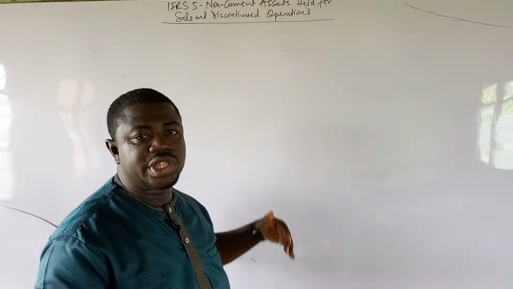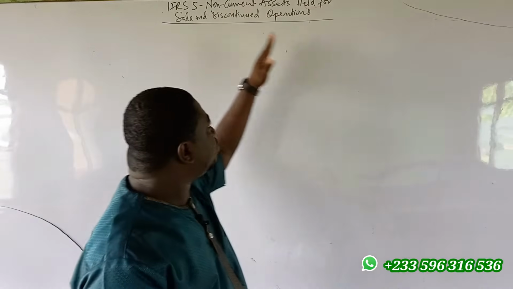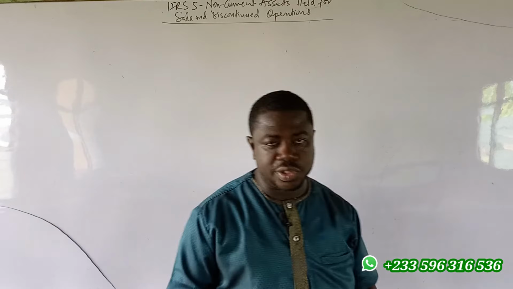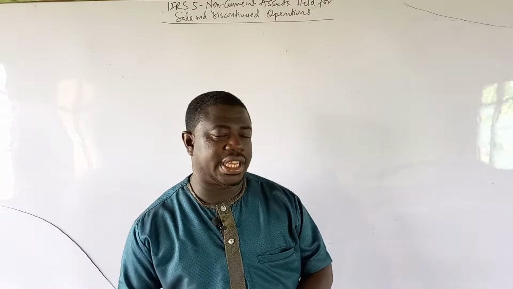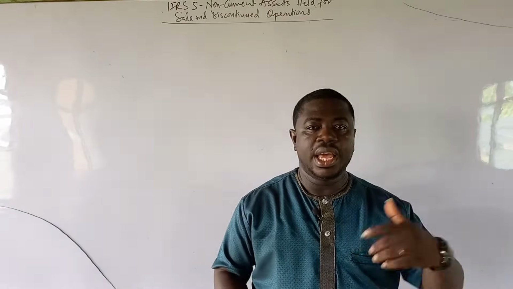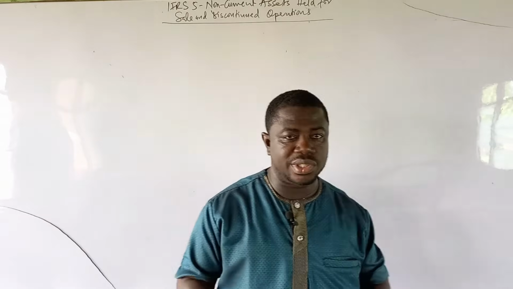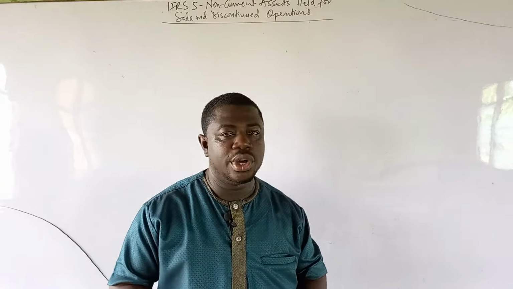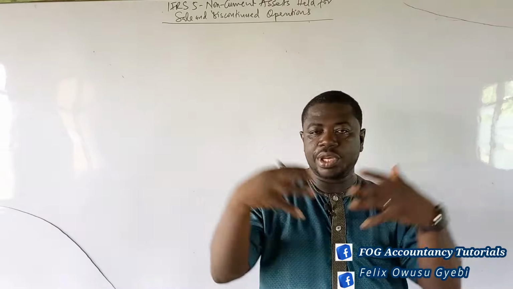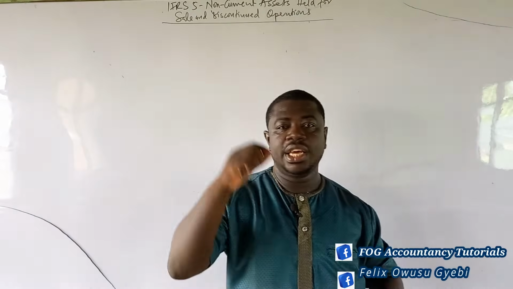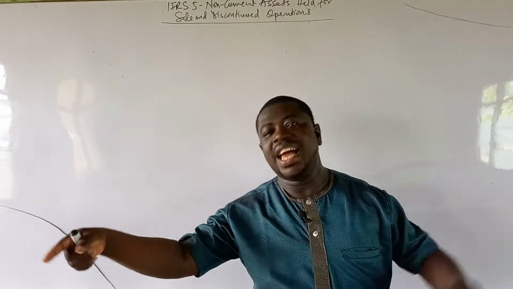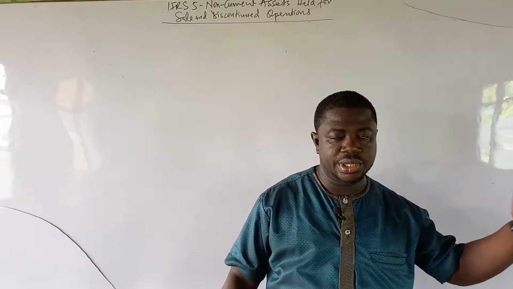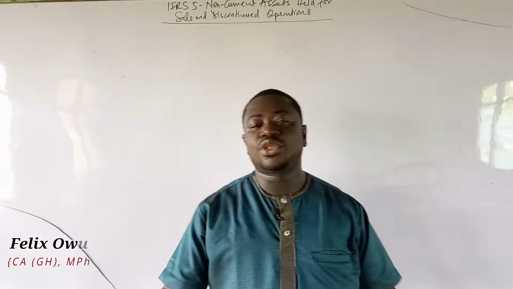We'll look at the exclusions, and then we'll take the first part, the non-current assets held for sale, which is the main part of the standard. We'll look at it in detail, and then afterwards I'll talk about the discontinued operations as well. So it is in two parts, but we combine them and say non-current assets held for sale and discontinued operations.